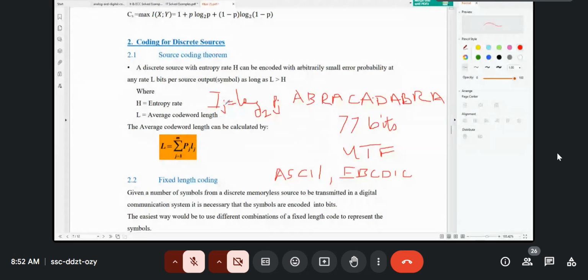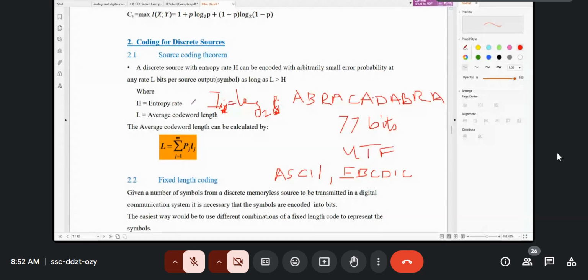I'm going to talk about x symbols, and j we use when you have more than one symbol. So it is just I x equals minus log 2 p x, the probability of x.